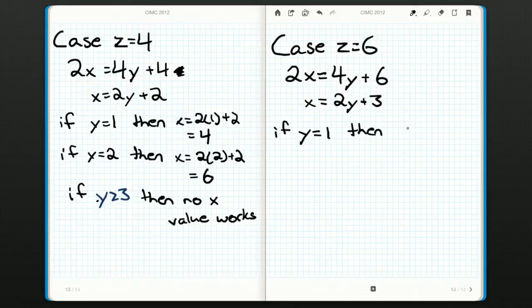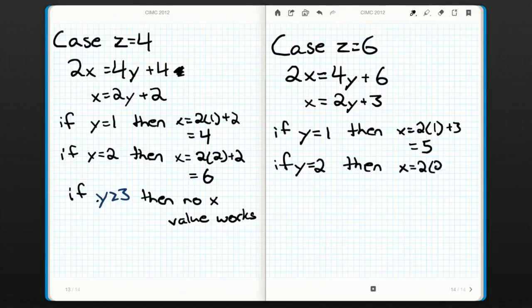If y equals 1, then what would x have to be according to this equation? You'd have to be 5, and that's just fine. How about 2? Well, 2 usually works for us. X would have to be 7. And we're not allowed to have x as 7.